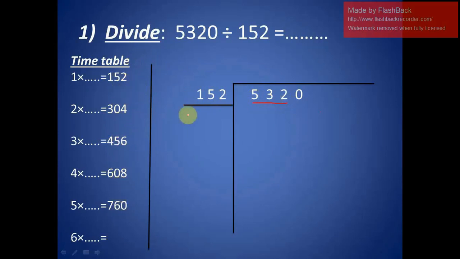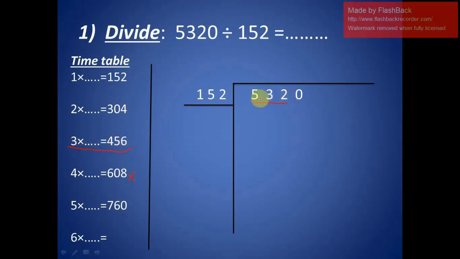We search for the number bigger than 532. 152 is smaller than 304, smaller than 456, smaller than 608, which is bigger. Cancel this number and take the above multiple. This is the nearest number to 532.